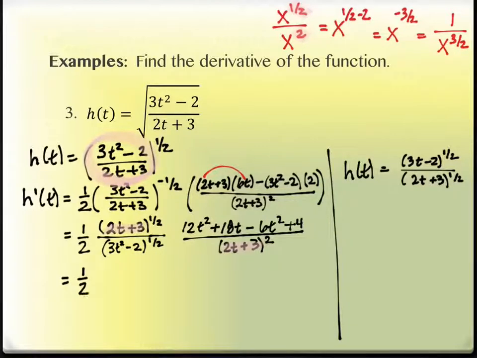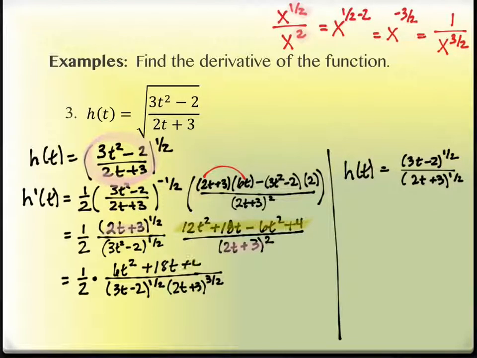So we can clean that part up in ours as well. We still have this 1/2 in front. We still have the denominator of 3t squared minus 2 to the 1/2. But now we have 2t plus 3 to the 3/2. And that took care of the 2 pink pieces. There's a little more to clean up. This piece right here, I have a 12t squared and a 6t squared, so that's going to give me 6t squared, plus 18t, plus 4.